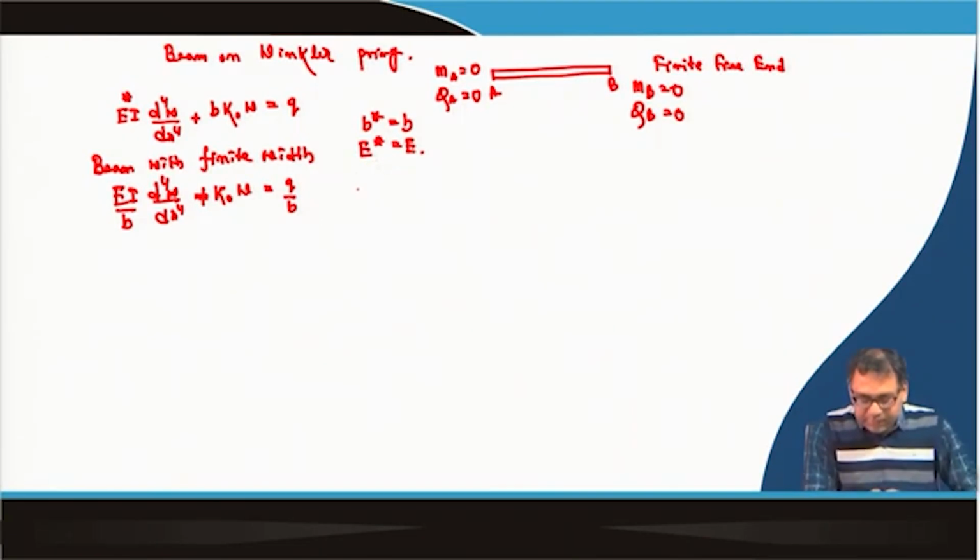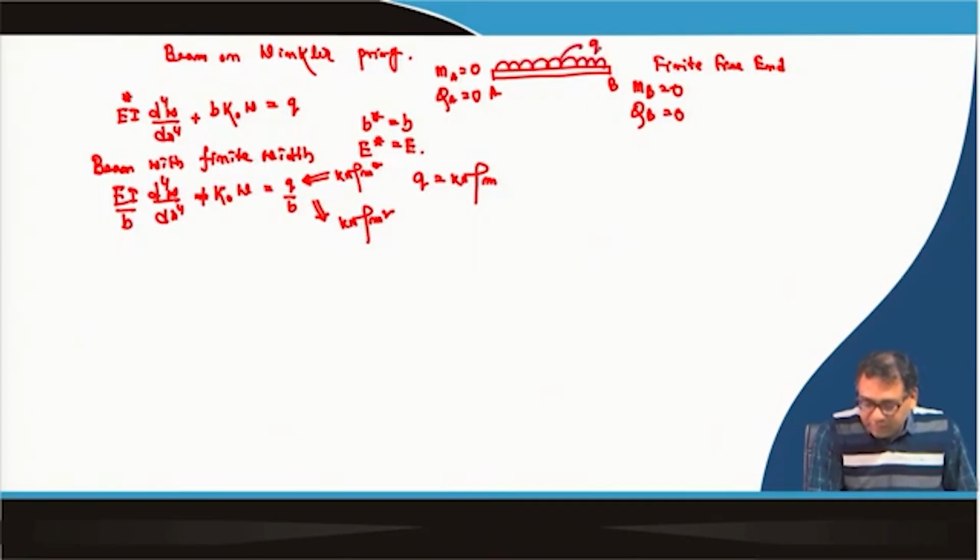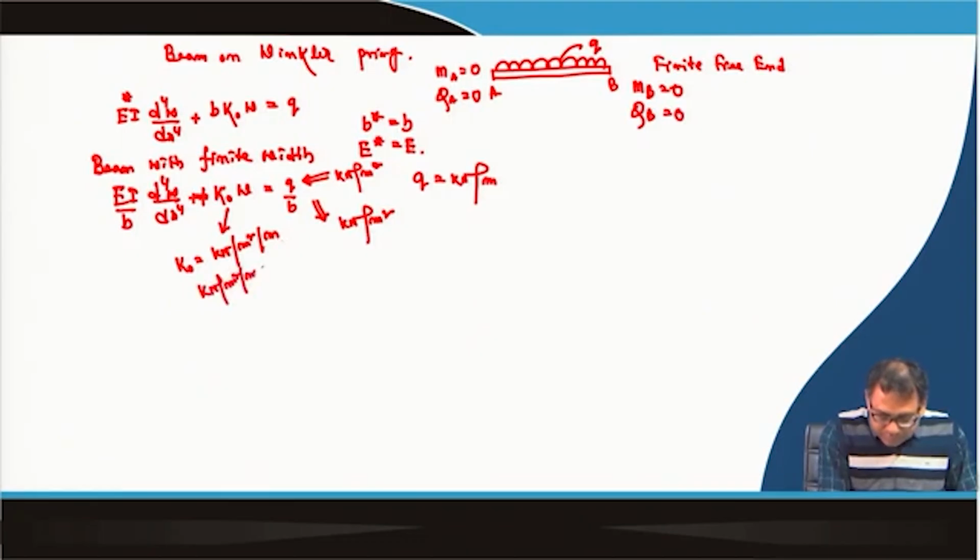Q is in kilonewton per meter. So, finally, it will be kilonewton per meter square, because we are dividing by B, and this k0 is kilonewton per meter square per meter.